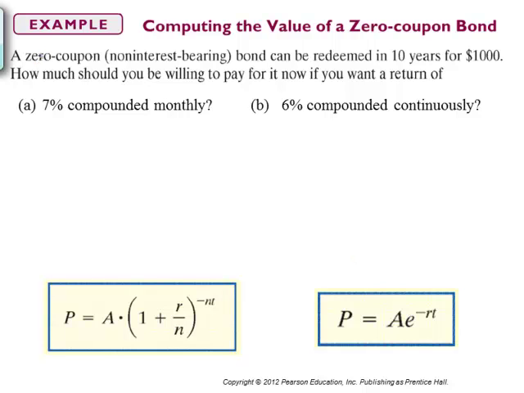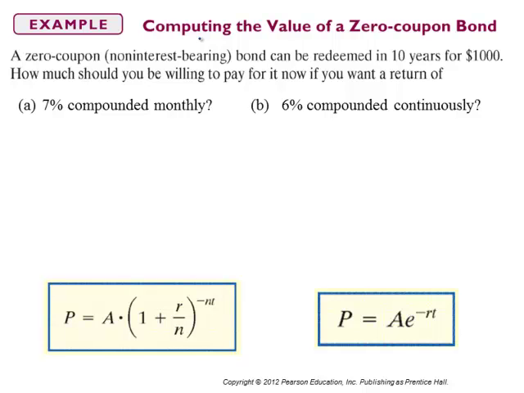Now, we have what we call a zero coupon bond. A bond is nothing more than just an IOU where a company, corporation, or maybe a local government entity, maybe a school district or a county or federal government, has issued you a bond and you've lent them some money.